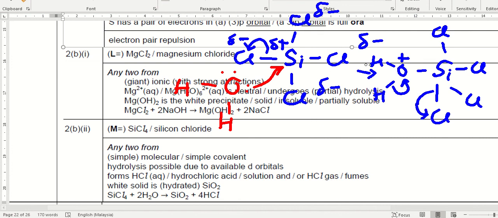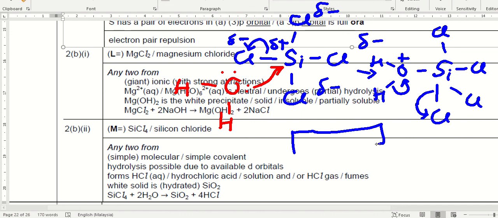Now can you see that in this intermediate, silicon is now surrounded by 10 electrons. To achieve octet, the outermost electrons of all atoms must be 8 only, but now we have 10. And the reason it can form this intermediate is because silicon has empty 3d orbitals.